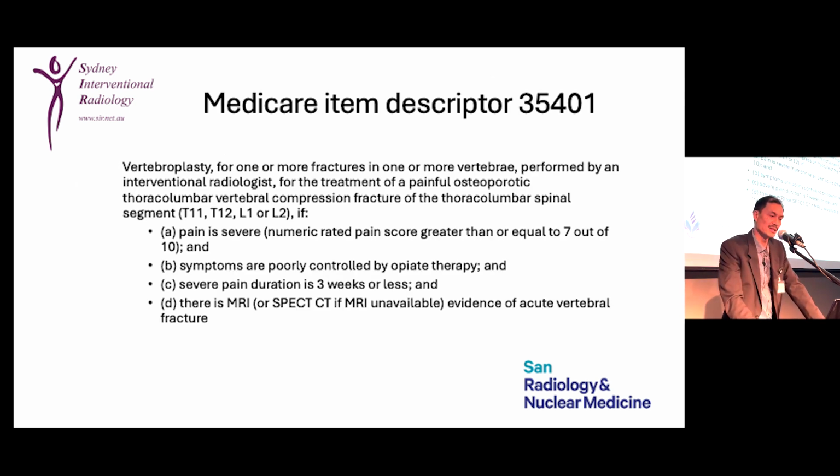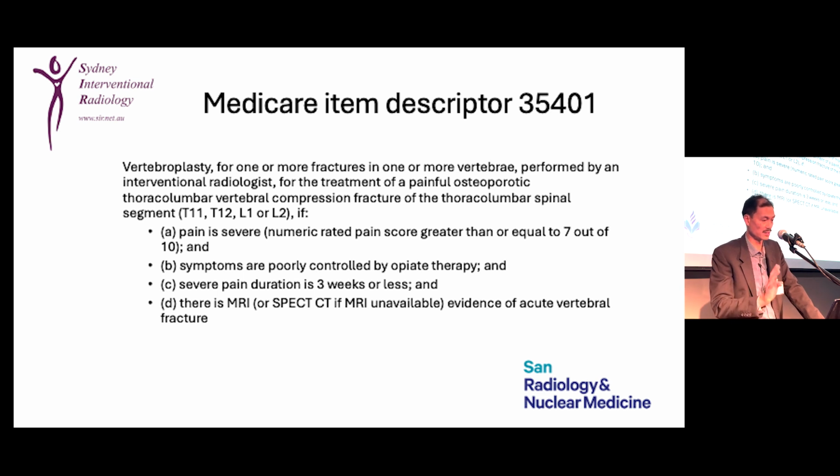So this is the Medicare descriptor 35401 for vertebroplasty. It's for one or more fractures in one or more vertebrae performed by an interventional radiologist for the treatment of painful osteoporotic vertebral compression fractures of the thoracolumbar spine, T11, T12, L1, L2.